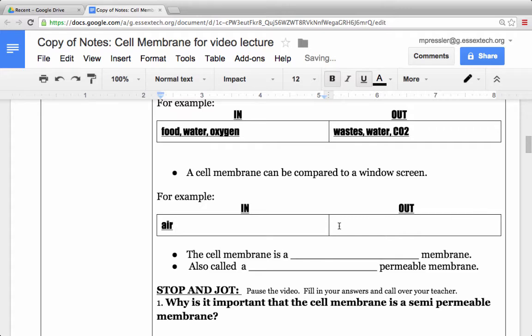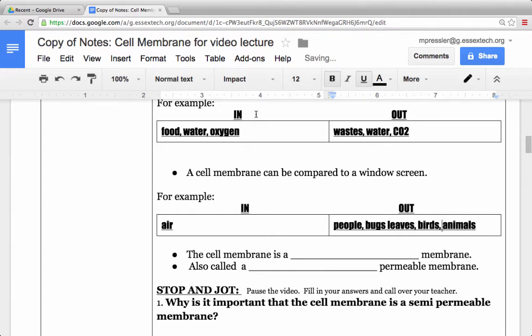I can't think of anything else we would want to come in through our window screen. What are things that we want to keep out? Well, probably people, right? We wouldn't want people coming through our screens. Bugs, leaves, birds, animals. Okay?